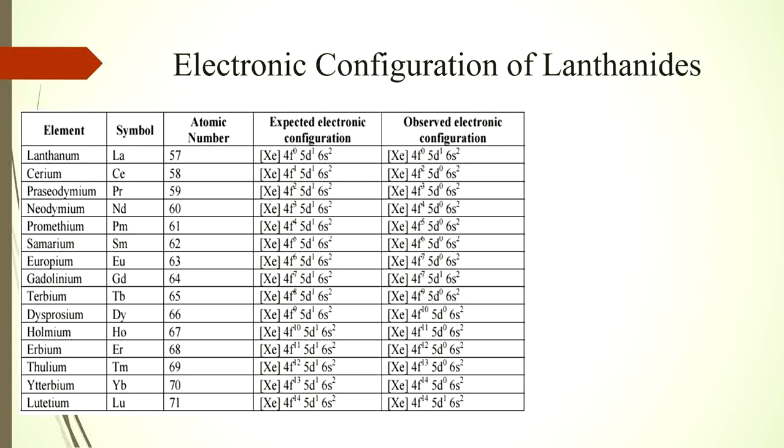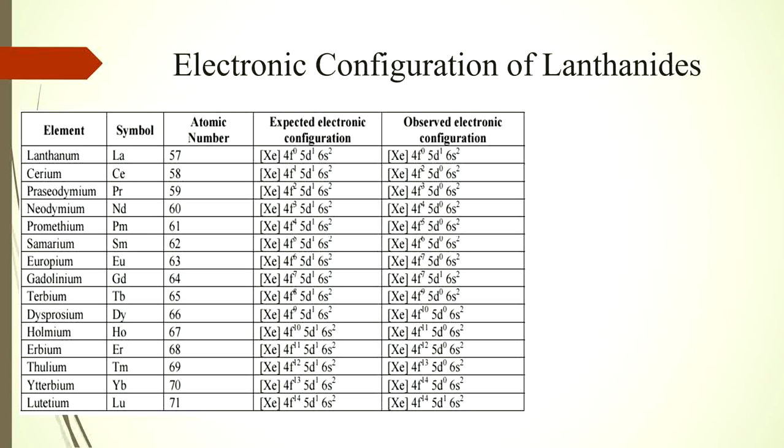Actually in case of lanthanides, lanthanum has the configuration of 4f0, 5d1, 6s2, and then as we move down from cerium to lutetium, the additional electron should occupy the vacant 4f orbital, and the 5d orbital should remain singly filled. But this is not the case for cerium, europium and ytterbium.